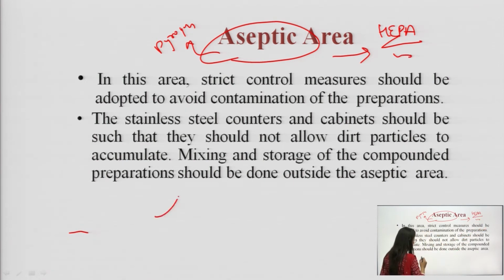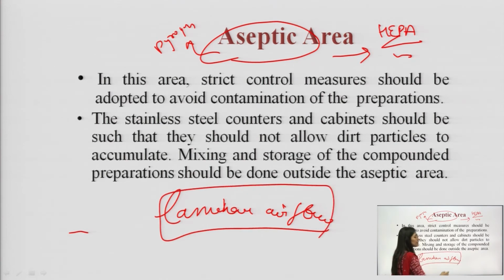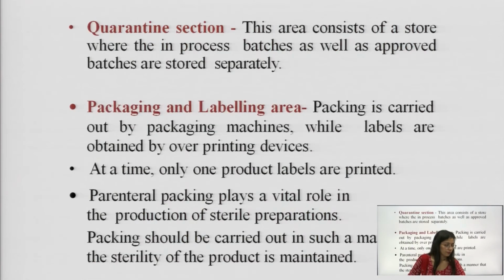Laminar air flow equipment is used to maintain the aseptic environment or for aseptic sterility testing. All these steel counters and cabinets should be used in order to avoid the dirt particles being accumulated while mixing and storage of a compounded preparation.